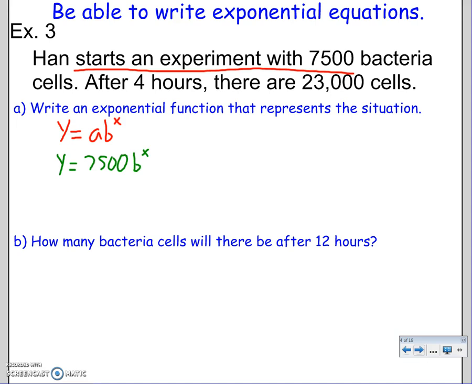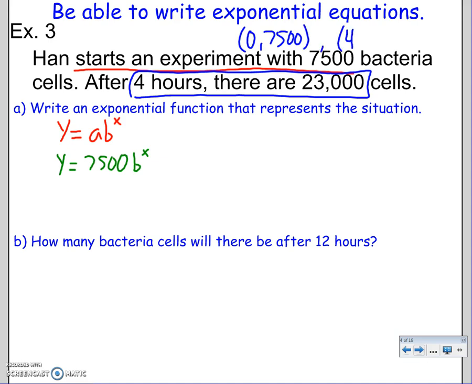We find it by using another point. It says after 4 hours there's 23,000 cells. Our first point is 0, 7,500. That's how much we start with at time 0. And we have another point at time 4 hours in, we're at 23,000.